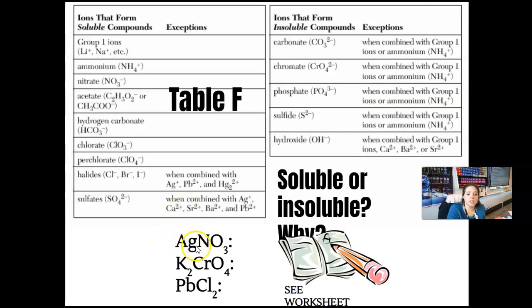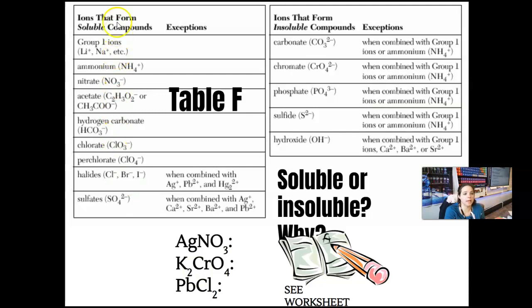So looking at silver nitrate. First thing I'm going to do is look down here for the soluble, see if it dissolves. Nitrates, no exemptions for nitrates, which means silver nitrate is soluble. There are no exceptions.